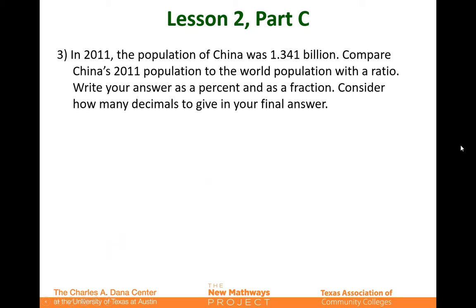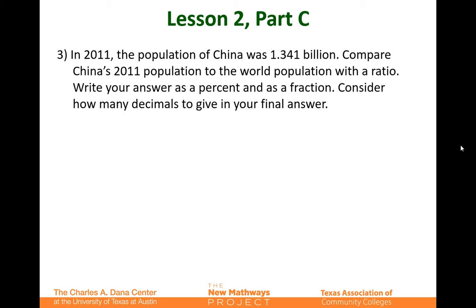In 2011, the population of China was 1.341 billion. Compare China's 2011 population to the world population with a ratio. Write your answer as a percent and as a fraction, and consider how many decimals to give in your final answer.